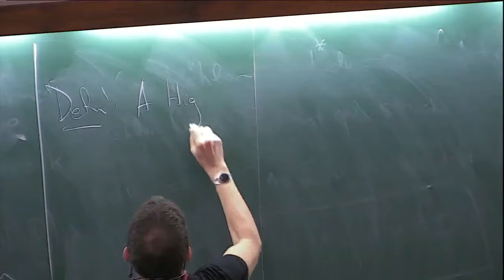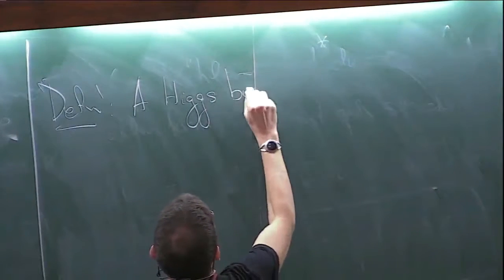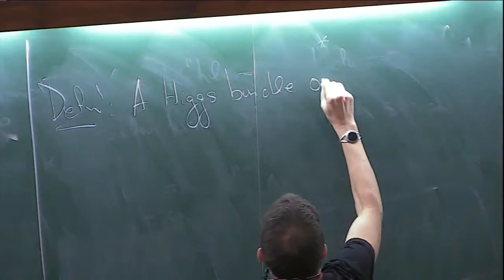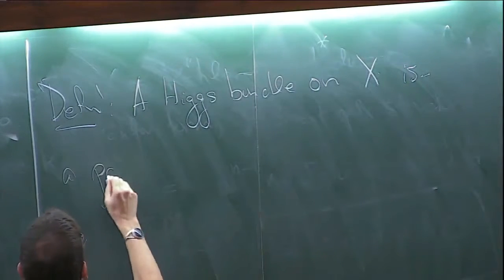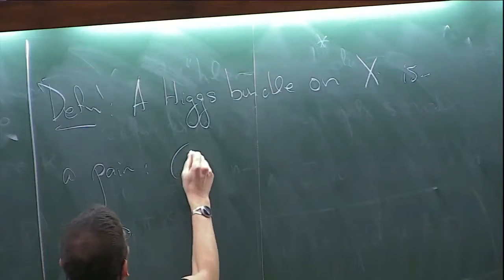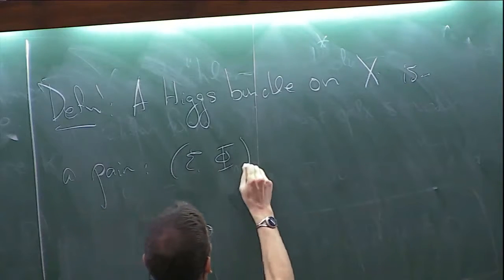So a Higgs bundle on X is a pair (E, φ).